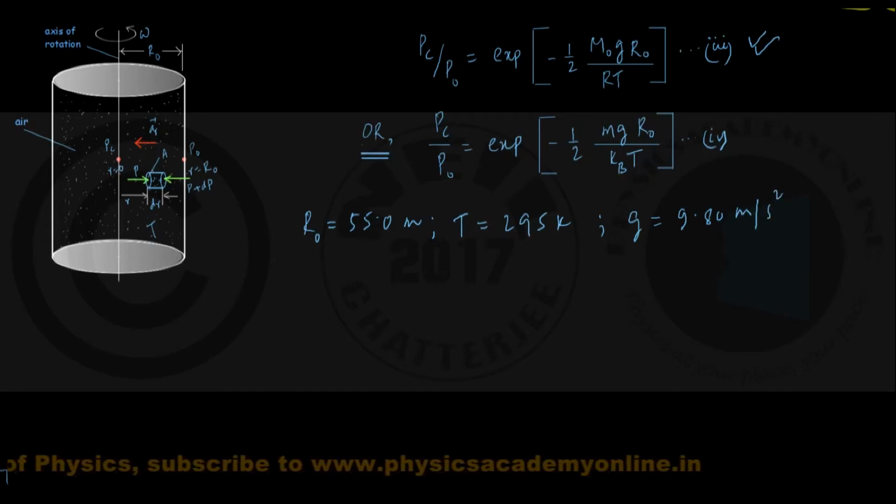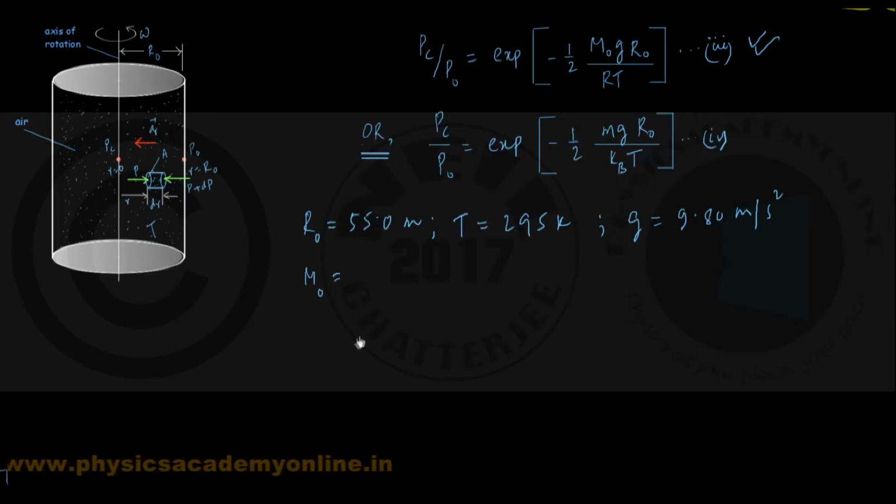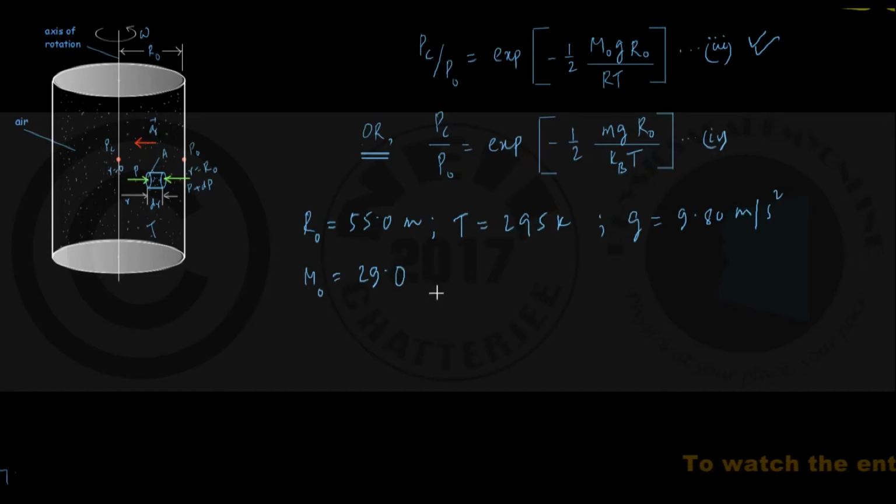M0, that is the molar mass of air, and assuming that air is a mixture of about 78% nitrogen, 21% oxygen and 1% argon plus carbon dioxide, the average molar mass of air, that's a mixture of gases, can be shown to be about 29.0 gram per mole, that is 29.0 into 10 to the power minus 3 kg per mole.